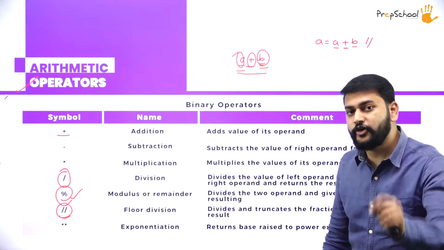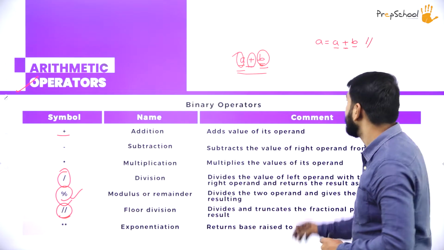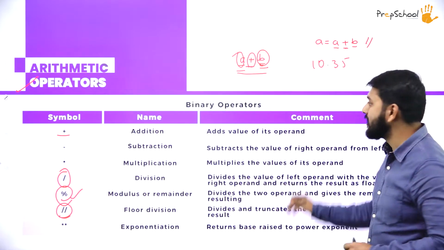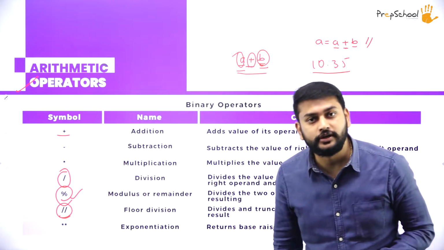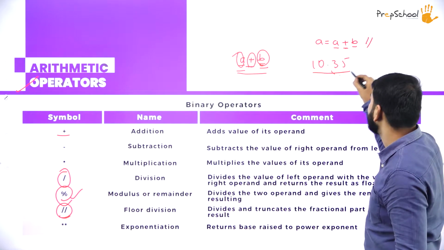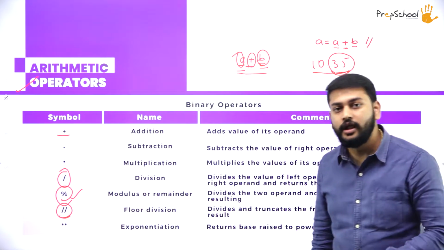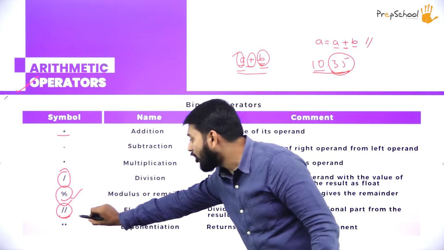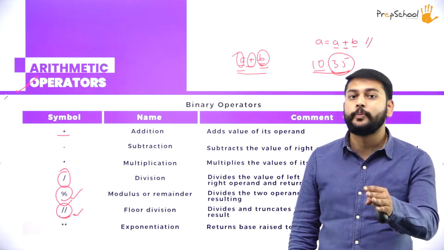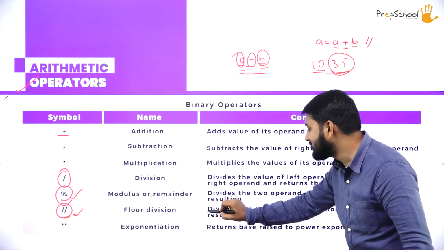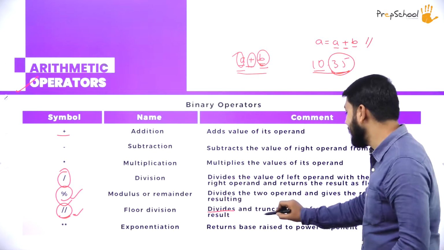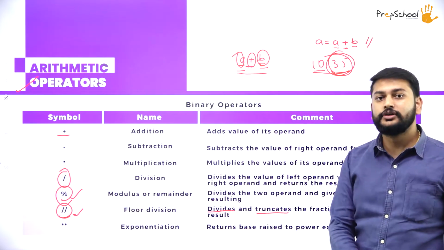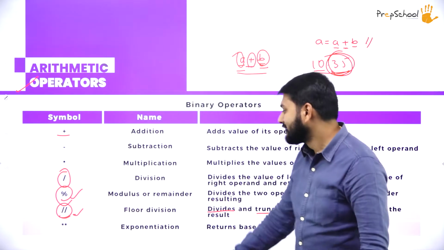If I perform a division and, for example, I get 10.35 as my result, I don't want these floating values or the decimal. I just want only this much. Then I will be using this operator. Please understand, it will divide and then it truncates. Truncates in the sense it will remove the floating point. That is the use of this operator.